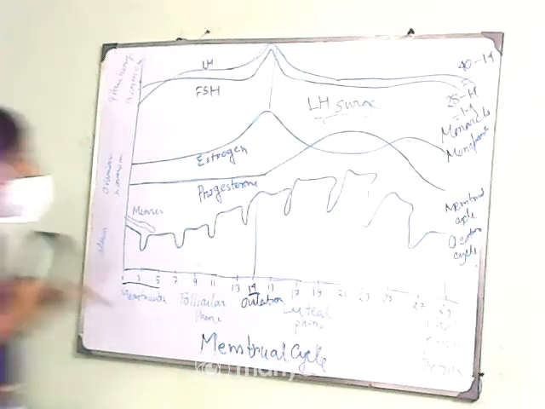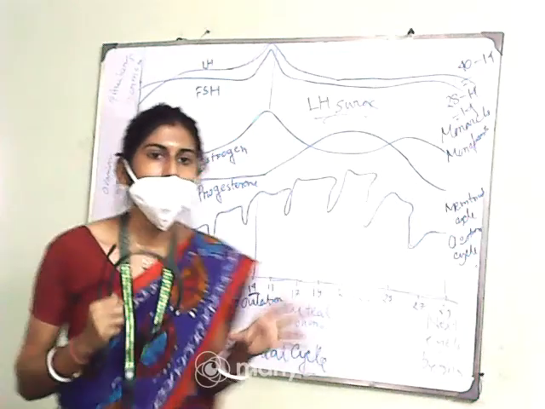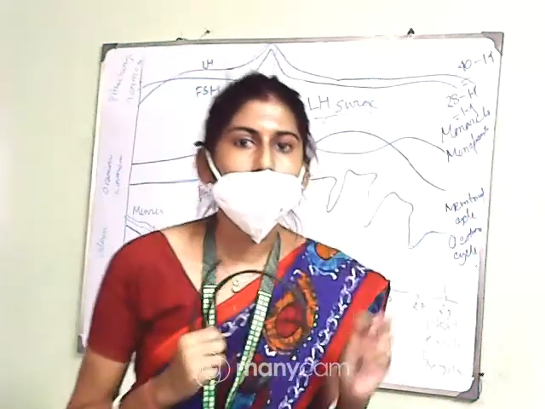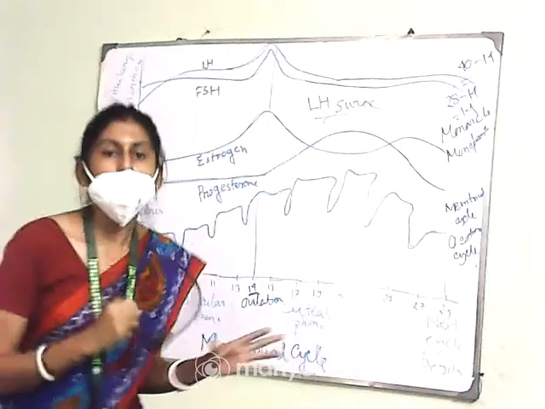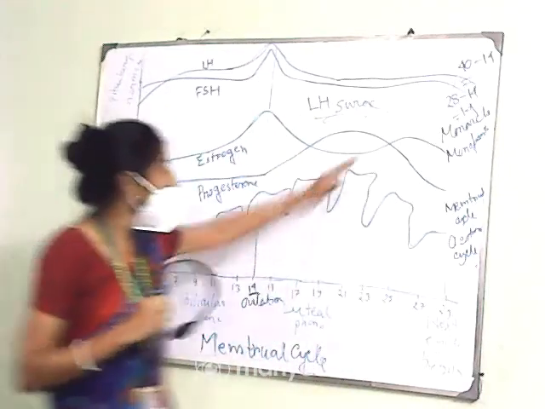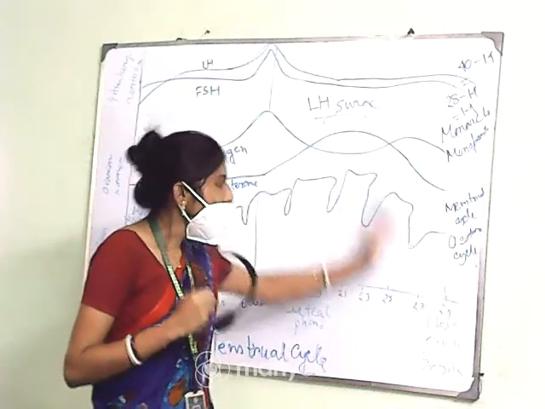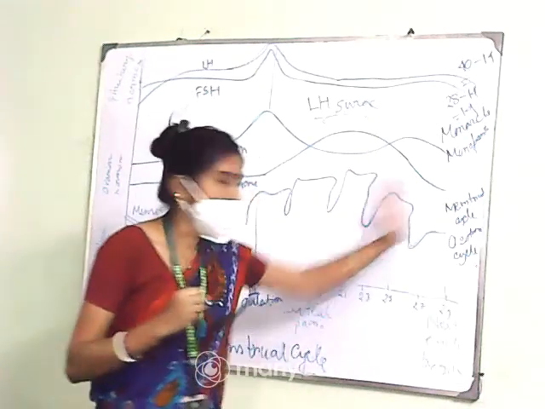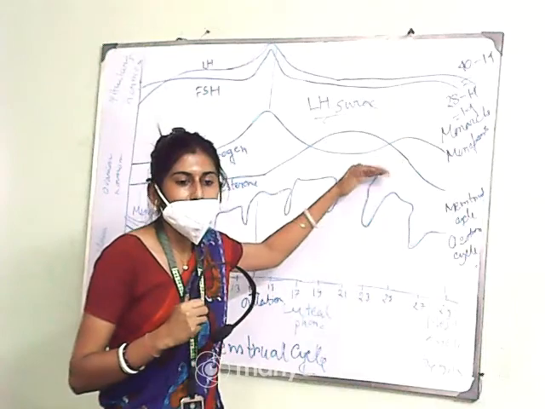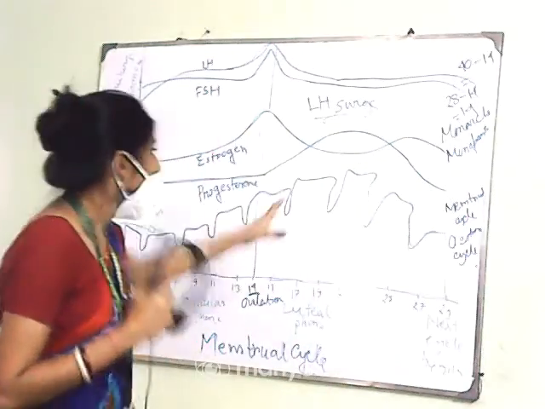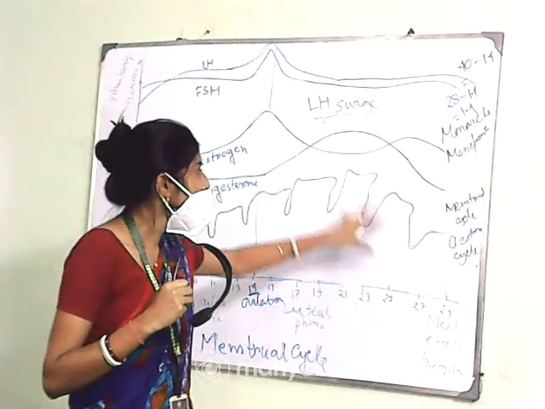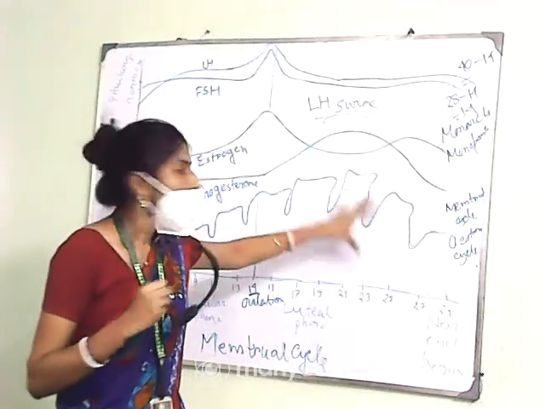And now we have another two cases, that is, what will happen if fertilization takes place and what will happen if fertilization doesn't take place. If fertilization takes place, then the endometrium will not rupture. That means the lining of the endometrium will stay thick for the implantation. And if fertilization doesn't take place, then there is no need for the endometrium.